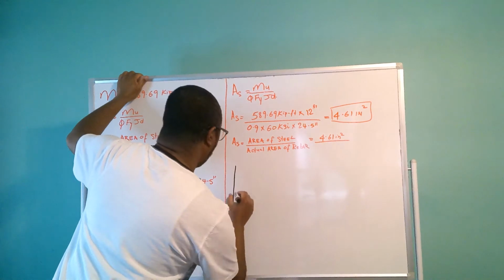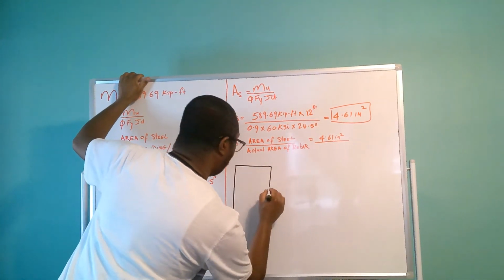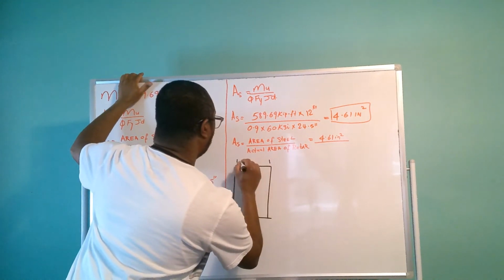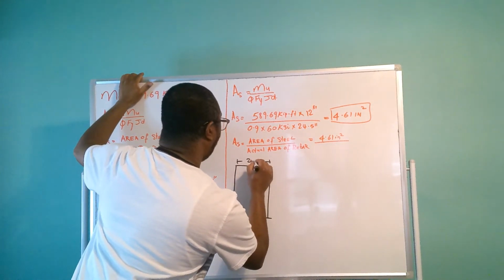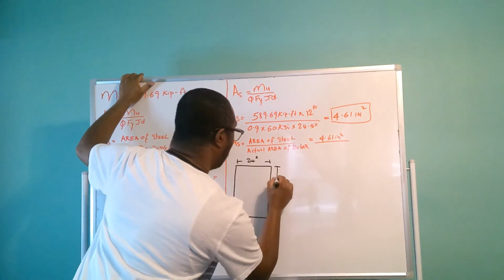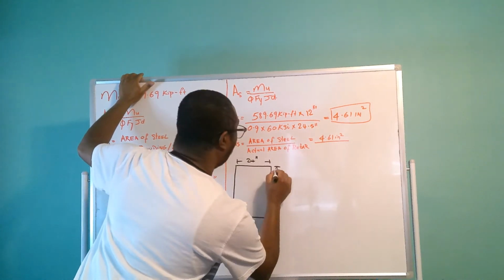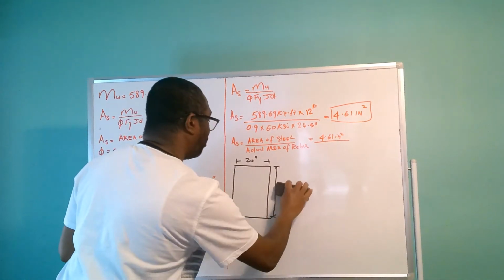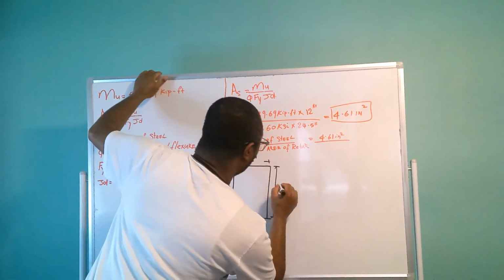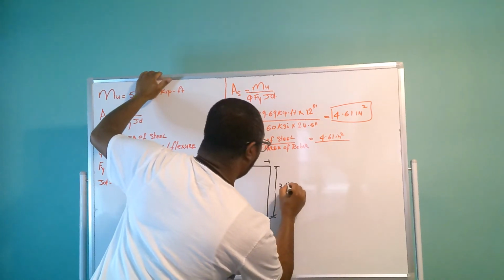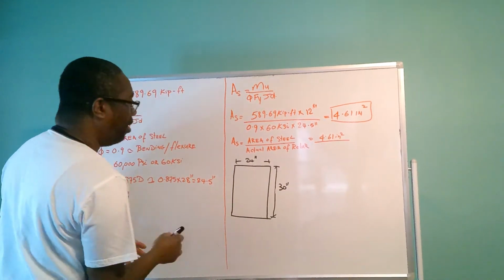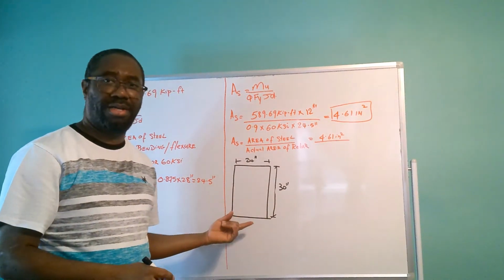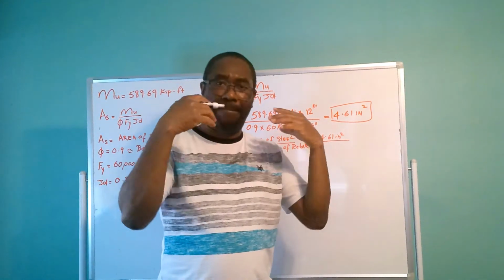So if this is our cross section of the beam, this is 24 inches by 30 inches, sorry. We cannot place 23 rebar here in the steel.